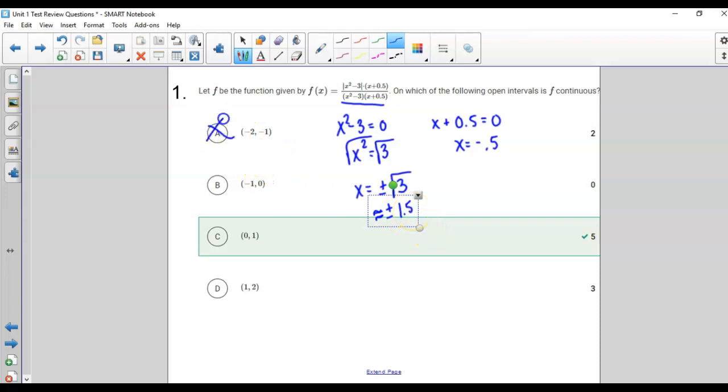So A is out. Between negative 1 and 0, negative 0.5 falls on that interval. So B is out. Between 0 and 1, we don't have any discontinuities. So C is going to be our answer. If you check 1 and 2, positive 1.5 falls on that interval. So D is also out. So C is the only interval on which this function would be continuous.